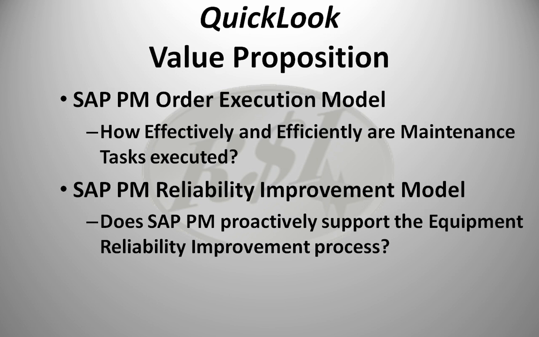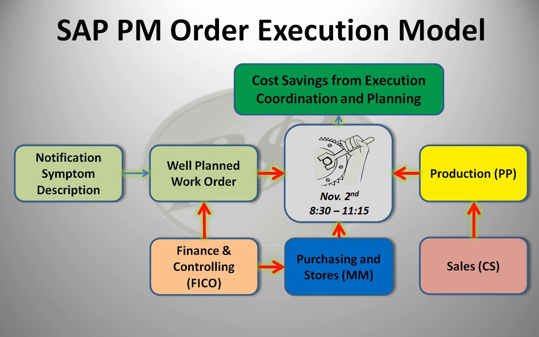Our 2-phased approach to SAP PM effectiveness is, 1, how effectively and efficiently is maintenance work being accomplished? And the second is, is the equipment running more reliably using the information from SAP PM as a compass? The first part of the QuickLook assessment looks at PM order execution.